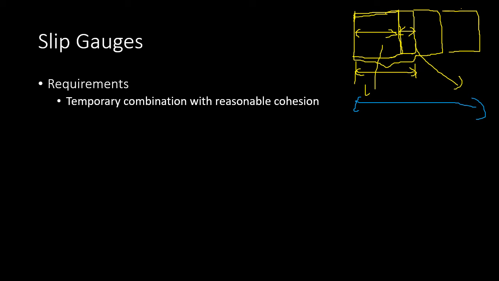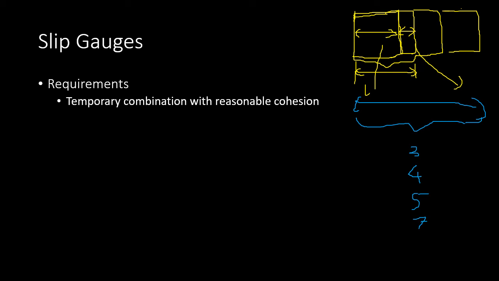So for measuring this dimension, I can use maybe 3 slip gauges. I can build up that dimension by piling up or stacking up 3 slip gauges, 4 slip gauges, 5 slip gauges, maybe 7 slip gauges.